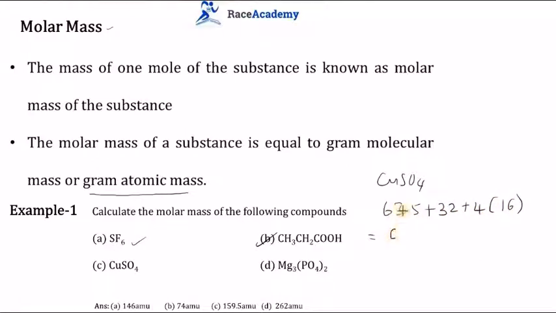So 63.5 plus 32 will come to 95.5, plus 64. It will come exactly 159.5, which is the molar mass of copper sulfate. Like the same, we can do the next one.